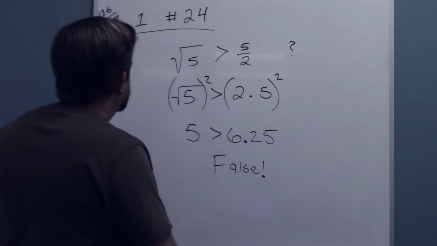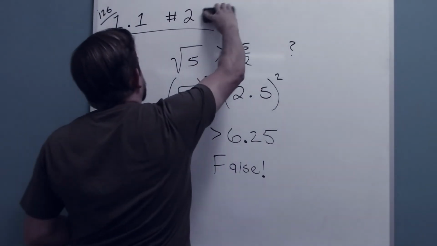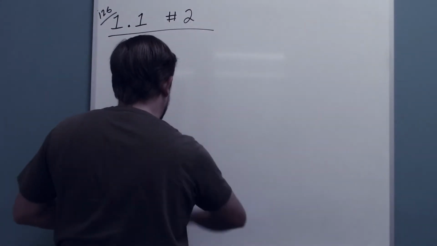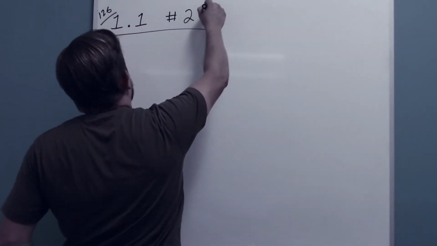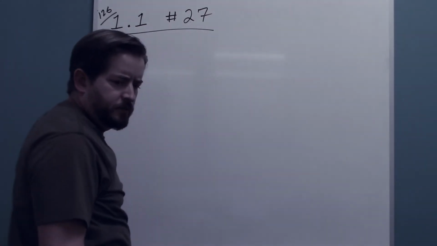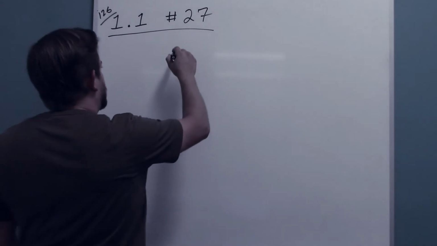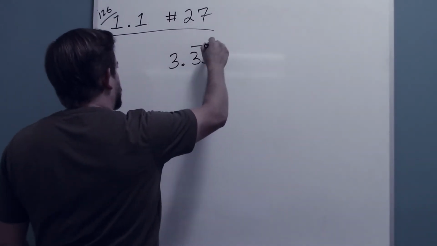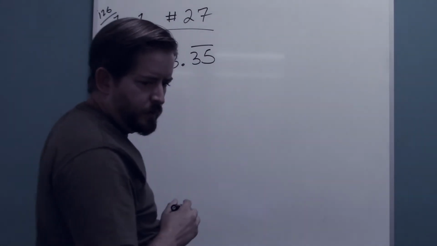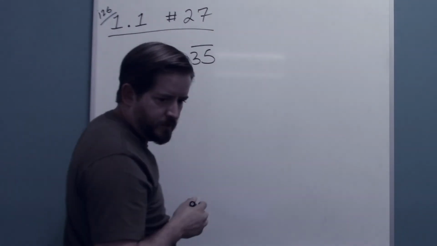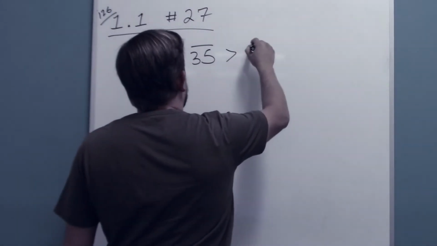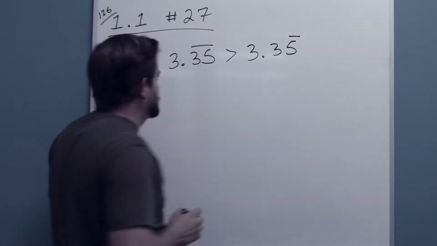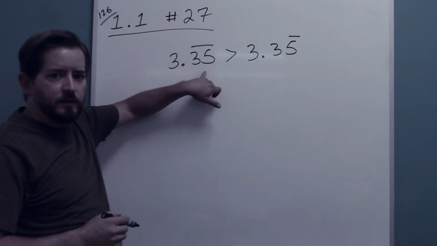Okay, let's look at 27. 27 asks you to relate 3.35 with a bar over it to 3.35 with a bar over it. The difference though is that on the left, the bar is over the 3 and the 5.